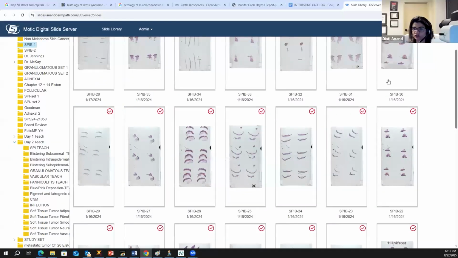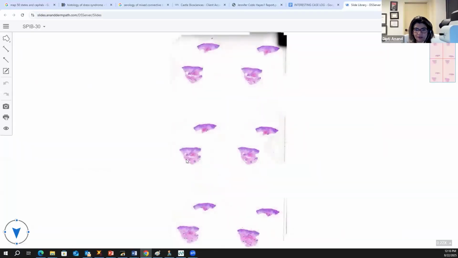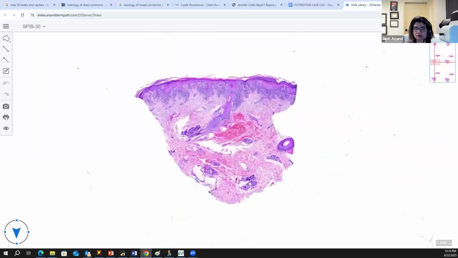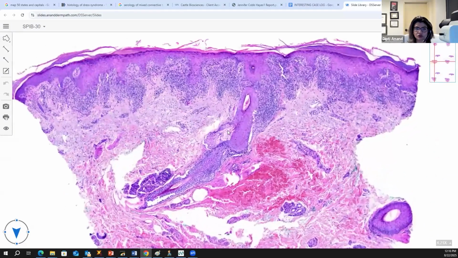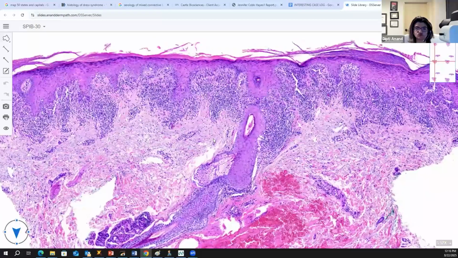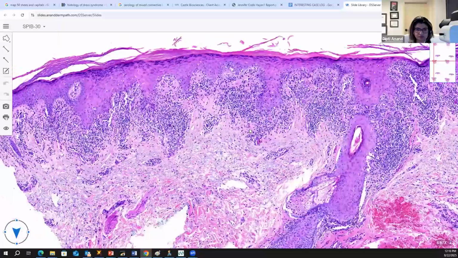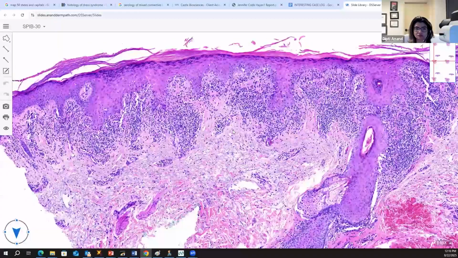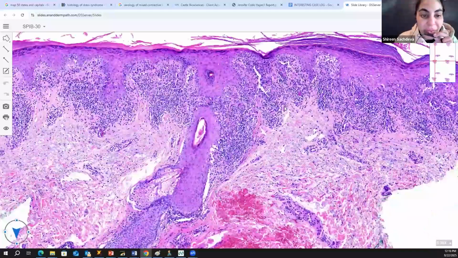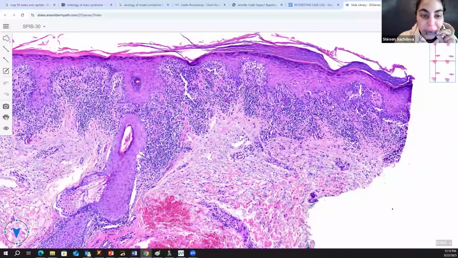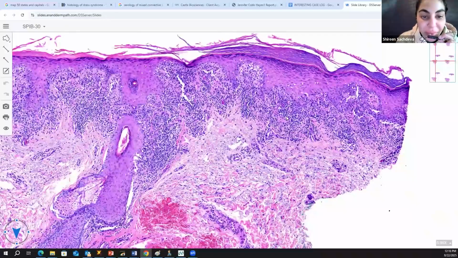You have the next one, which is slide 30. You can take this one. So you have a band-like infiltrate obscuring the DEJ.